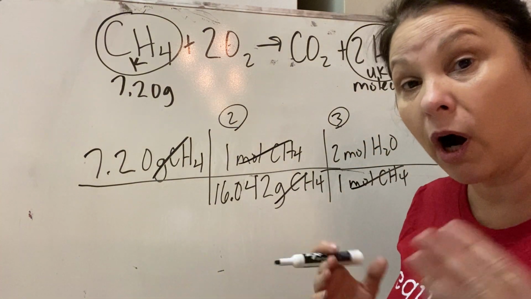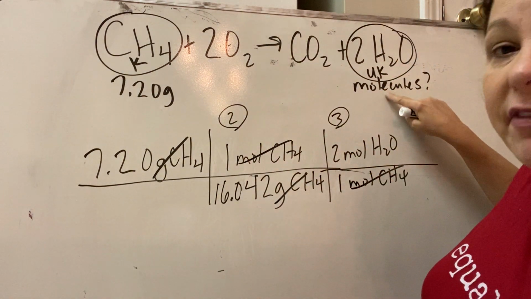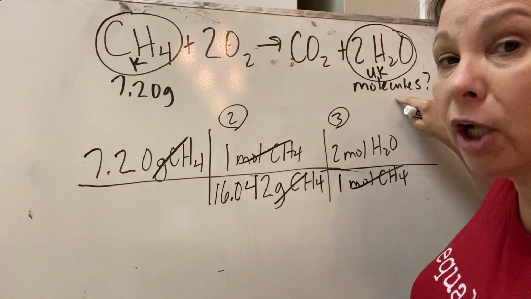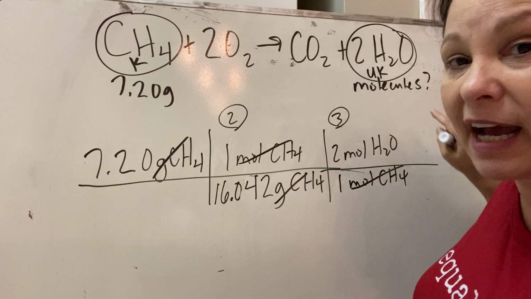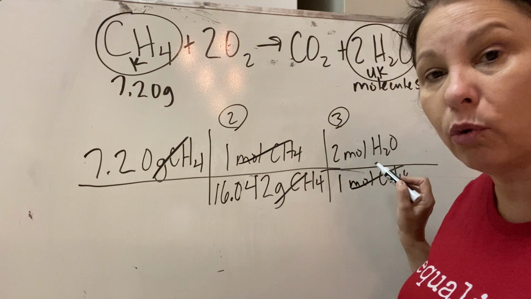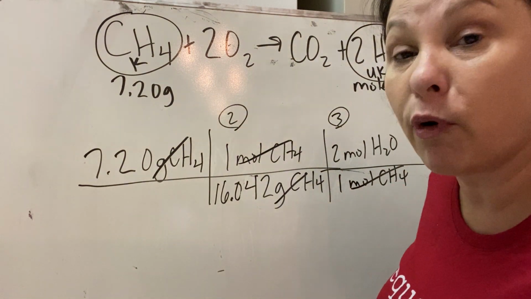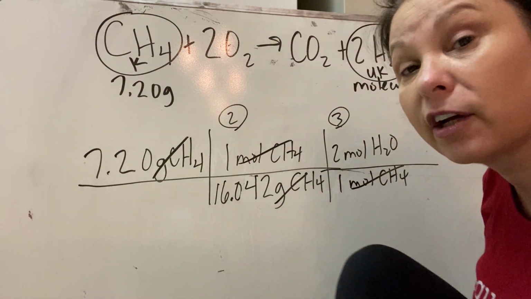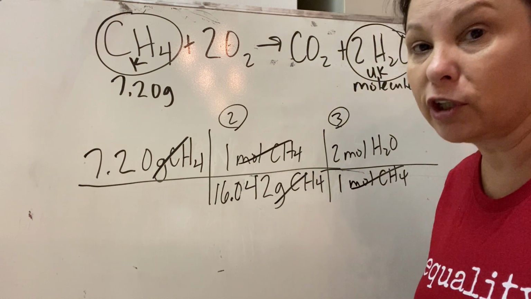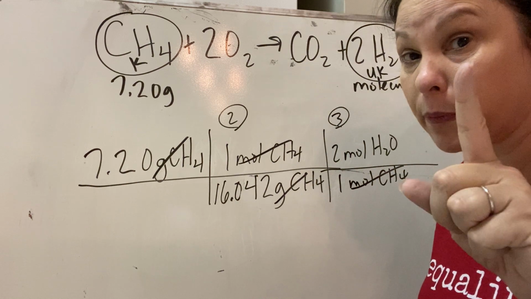I need to make sure that everything cancels out except for the water. I have moles of water right now, but when I look back up to the problem, I specifically want to know about molecules of water. So I have to do step 4 and convert these moles of water into molecules of water. Under step 4, I'm going to pick the correct conversion, and I'm pretty sure it's the very first one, because molecules is a particle.